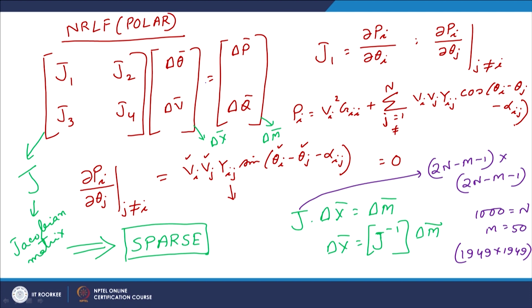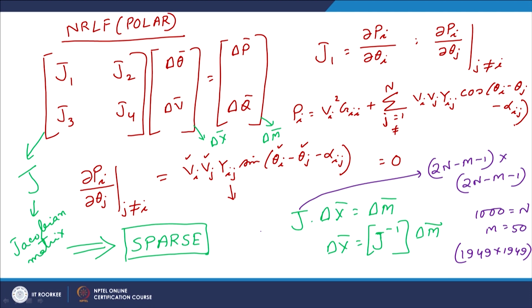Secondly, even if this matrix J is highly sparse, that is, even if it has more than 99% elements to be 0, when we take the inverse of a sparse matrix, the inverse of this J matrix is not at all sparse, it would be a full matrix. Full matrix means that almost all the elements would be non-zero. So, we have to store this complete J inverse matrix in our memory.